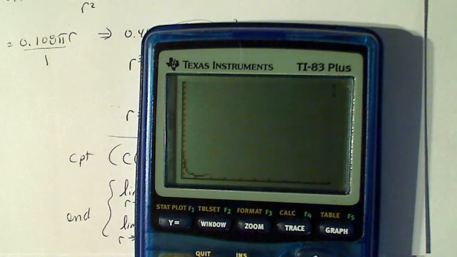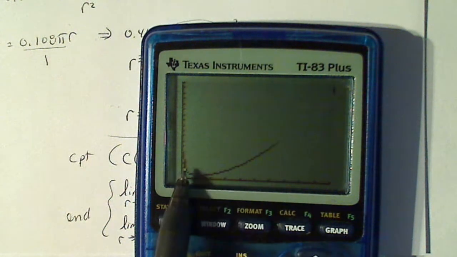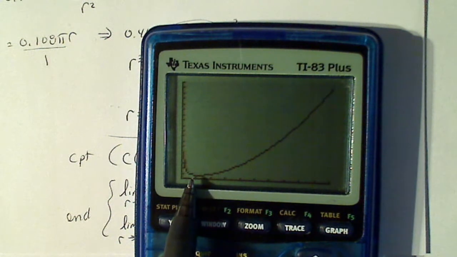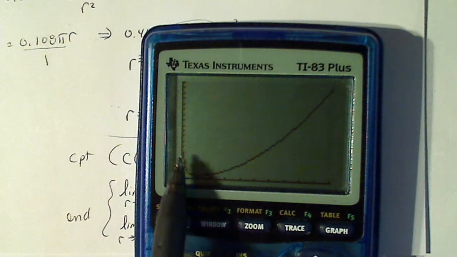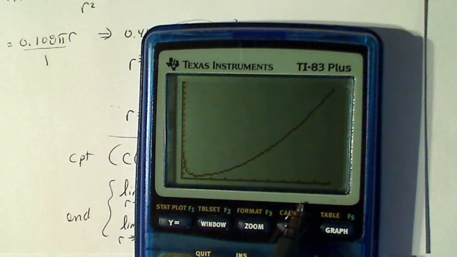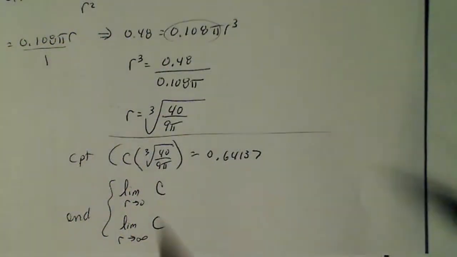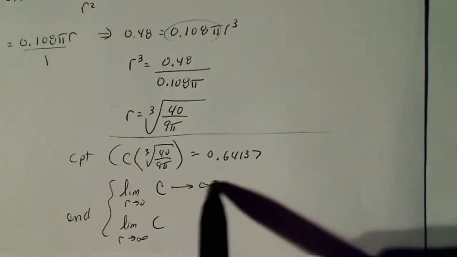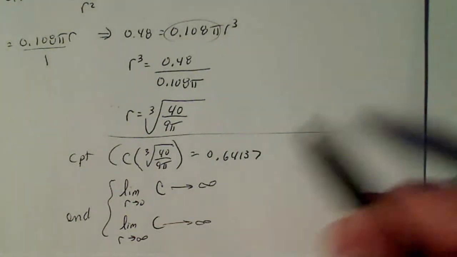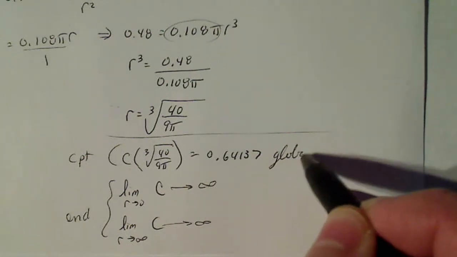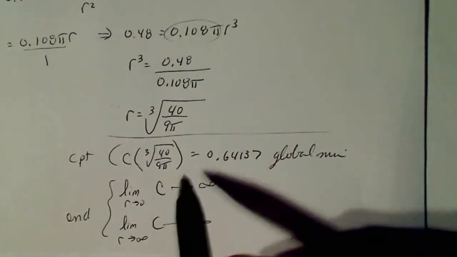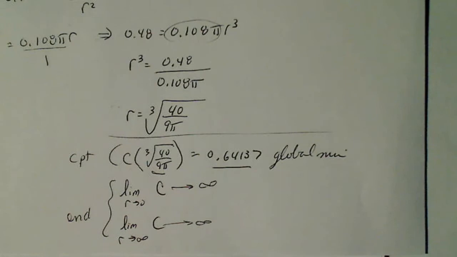Graph it. There it is. So you can see the minimum right here. And you can see as I go towards 0, this goes up to infinity, and as I go towards infinity, that goes up too. So that is definitely the only critical point. So this goes to infinity, this goes to infinity, so this is the global min. So for that r value, I get that global min.